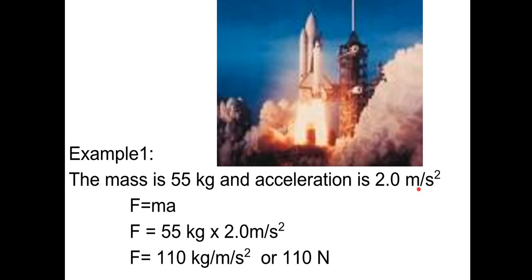So in order to know the force that I would need to move 55 kilograms and get it to accelerate 2 meters per second squared, I need to look at multiplying those two together. So how much force would I need? Well, 55 times 2 is going to give me 110. So 110, and that's going to be kilograms times meters per second squared. And I can also rewrite that whole unit. That's what's called a Newton. So that's called 110 newtons.